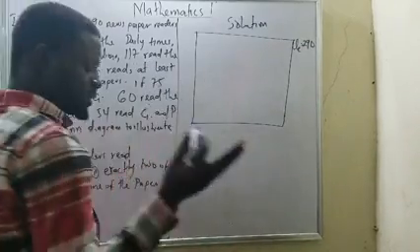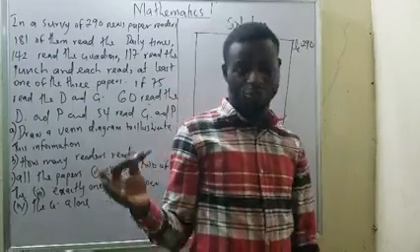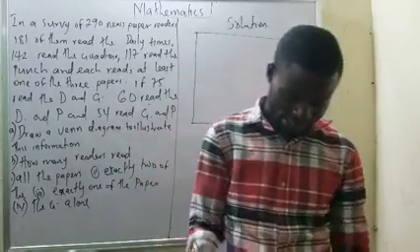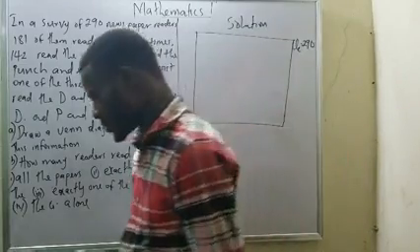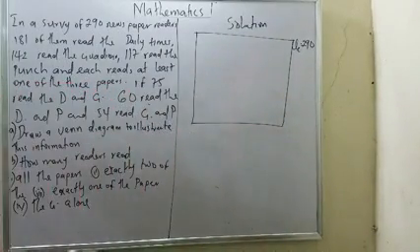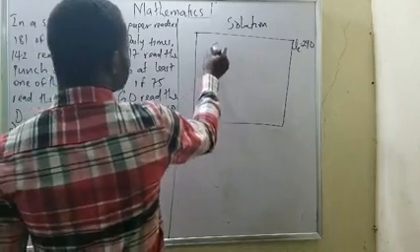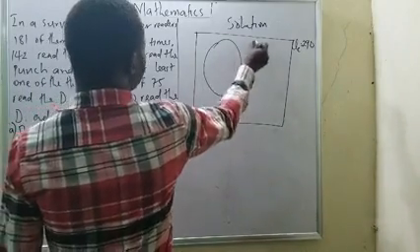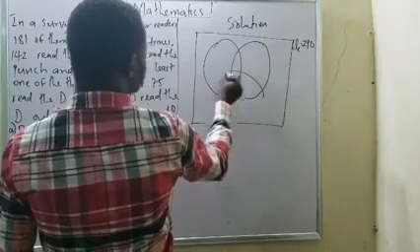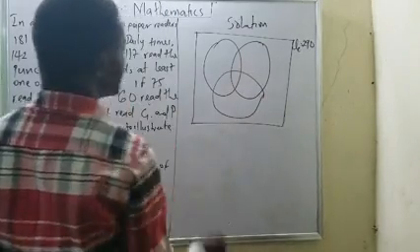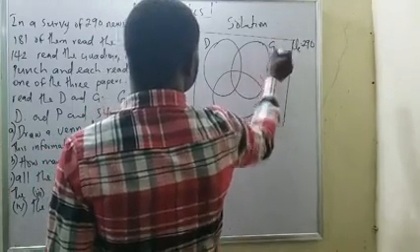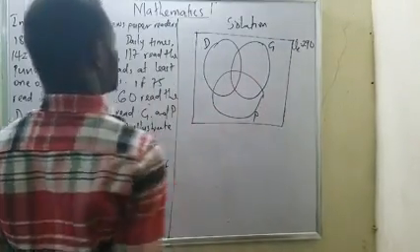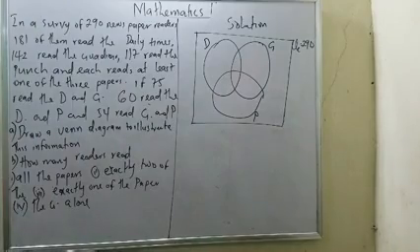We are talking about 3 papers: Daily Times, Punch, and Guardian. I will call this one Daily, this one Guardian, and this one Punch. That is what I want us to understand.